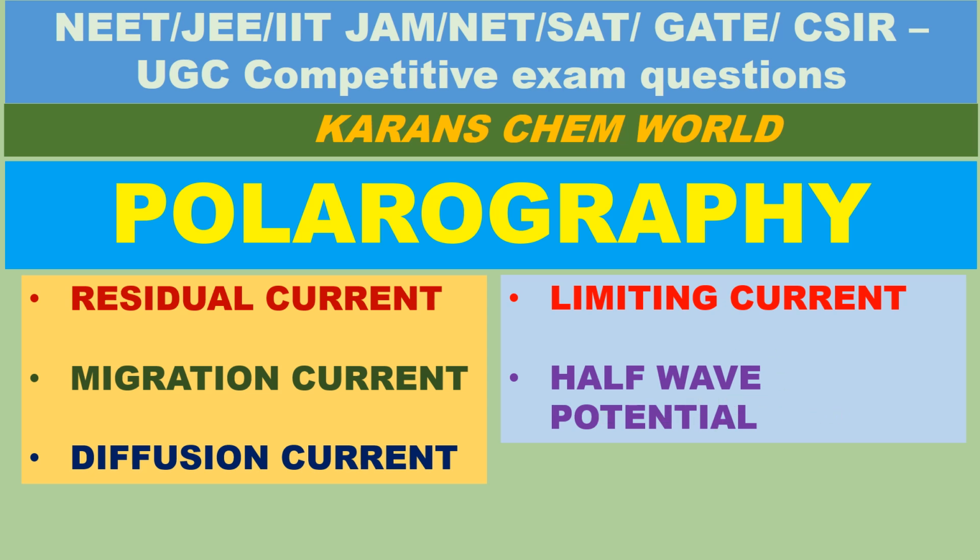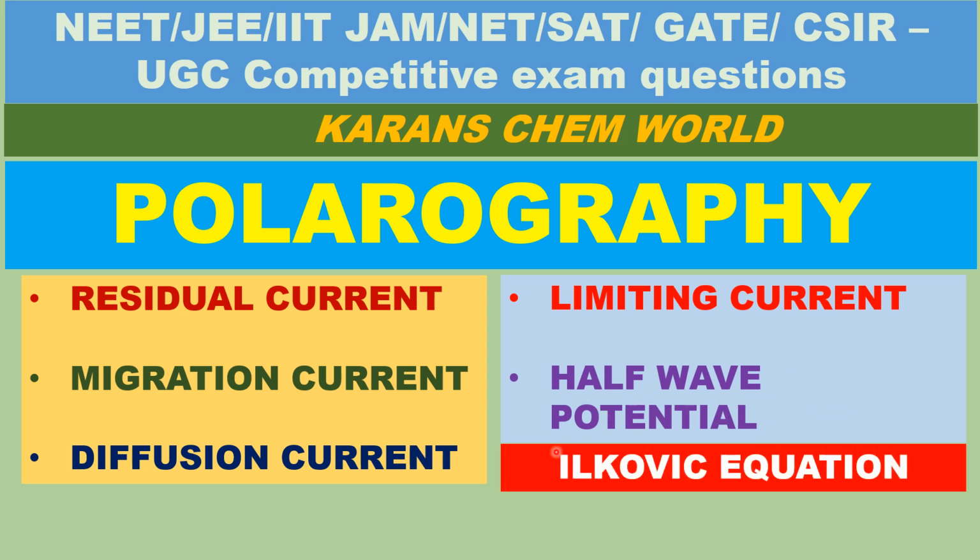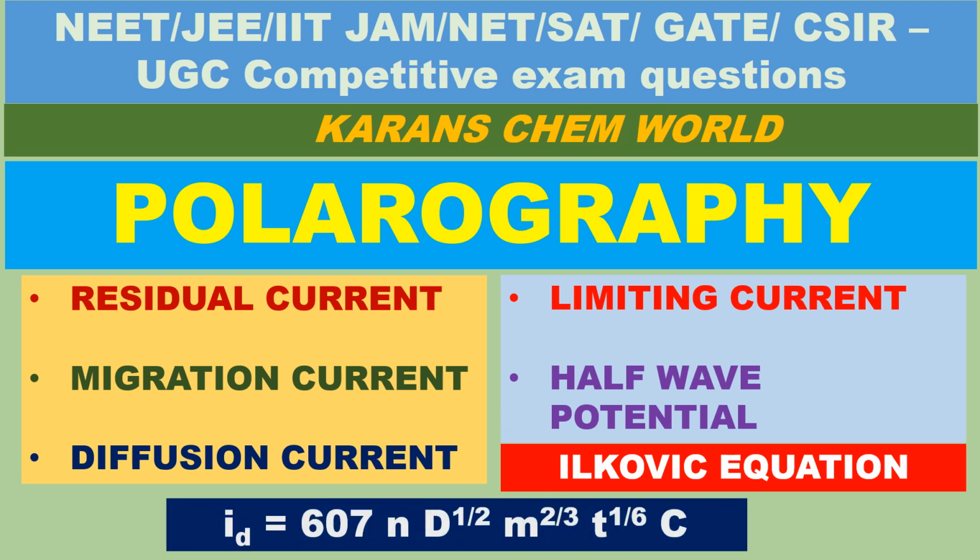Polarograph. And the Ilkovic equation is used to interpret the polarograph. This equation gives the relationship between diffusion current and the concentration of the electroactive species.